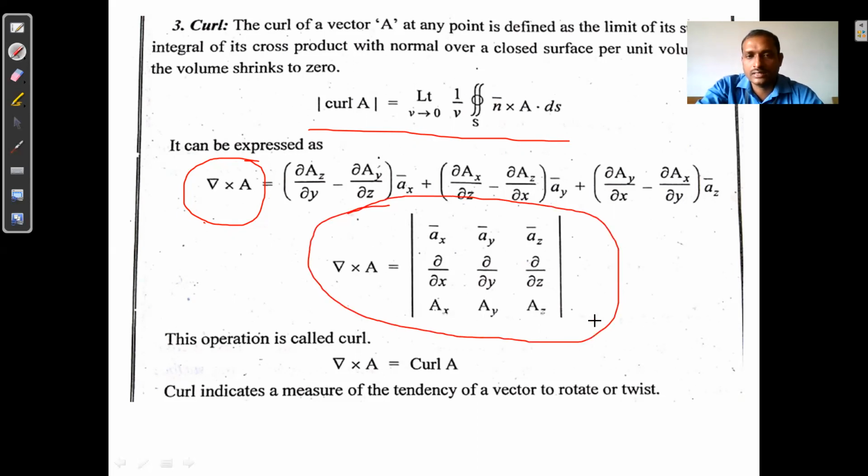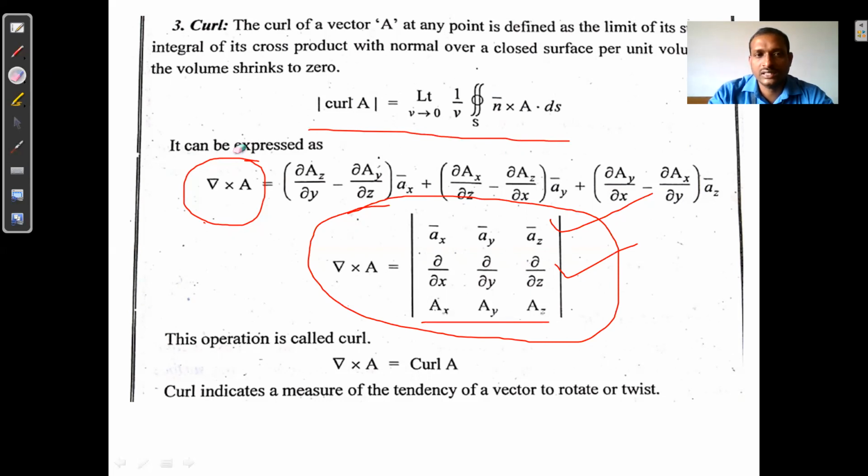So del cross A is equal to, in the first row we write the unit vectors ax, ay, az. In the second row we write the coefficients of the del operator, that is dou by dou x, dou by dou y, and dou by dou z. In the third row we write the coefficients of the A vector: ax, ay, az.